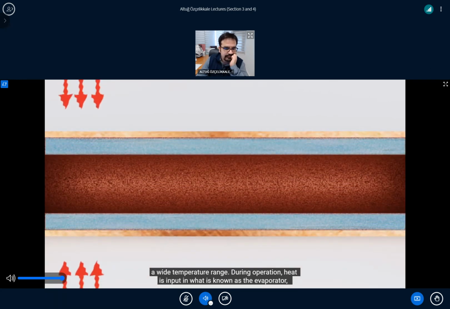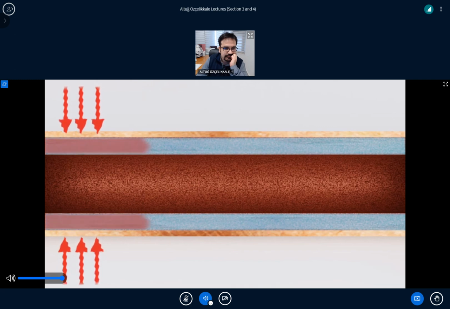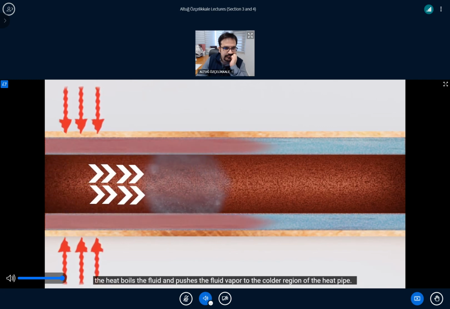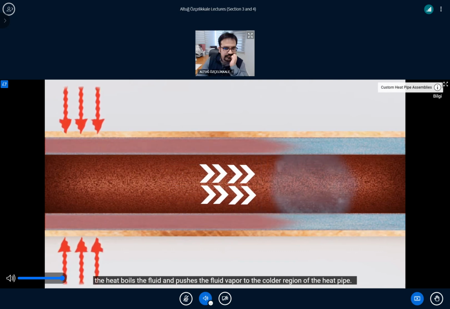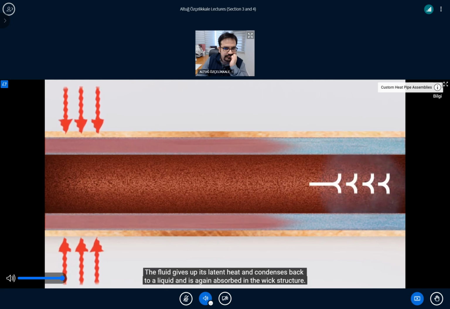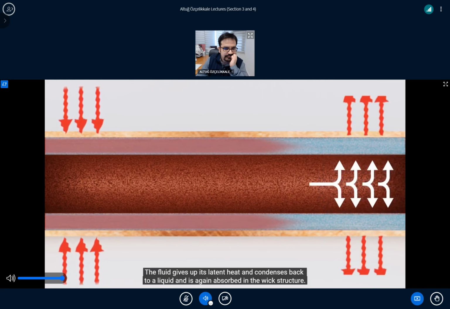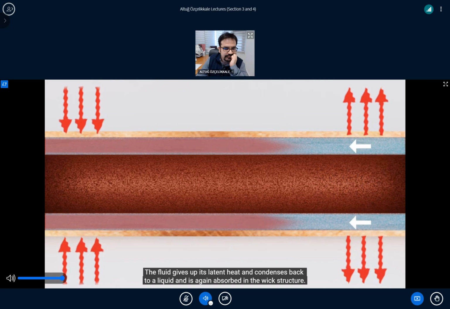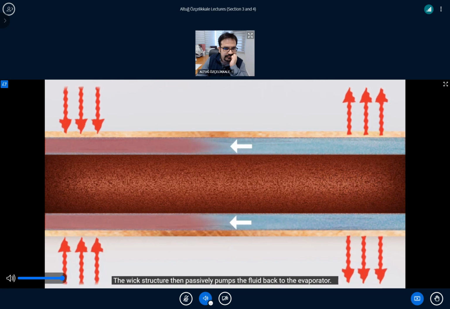During operation, heat is input in what is known as the evaporator. The heat boils the fluid and pushes the fluid vapor to the colder region of the heat pipe. The colder region, which is typically coupled to a heatsink, is known as the condenser. The fluid gives up its latent heat and condenses back to a liquid and is again absorbed in the wick structure. The wick structure then passively pumps the fluid back to the evaporator.